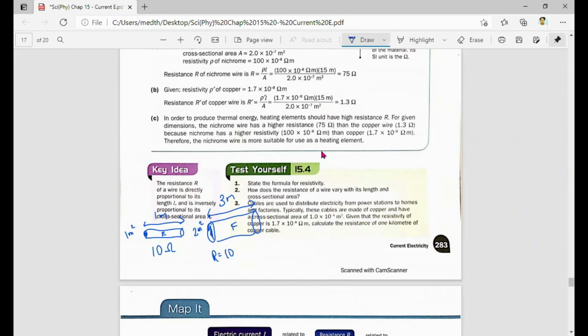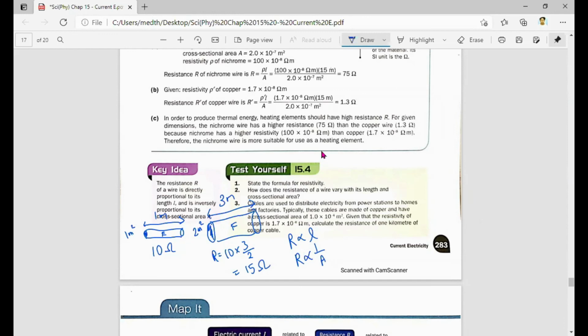Because the wire now is 3 times the length, I multiply this by 3, because we know R is proportional to L. If the cross-sectional area is double, it is inversely proportional to the resistance. So 3 is because of the length, and 2 is because of the cross-sectional area, so I put 3 over 2. Therefore, if you do this, you realize that the resistance of F is now 15 ohm.